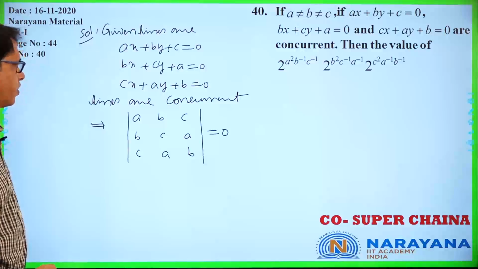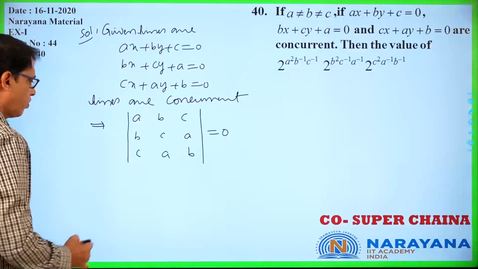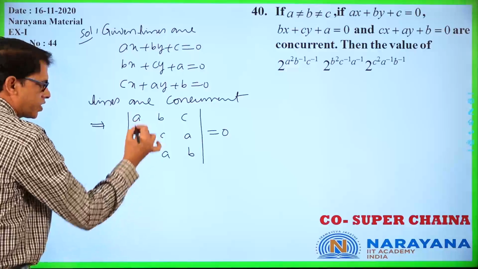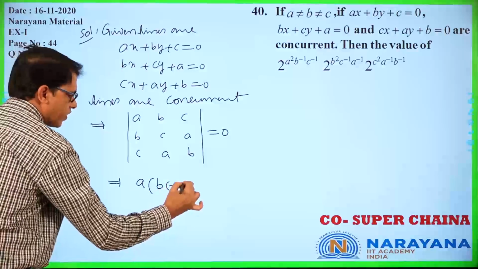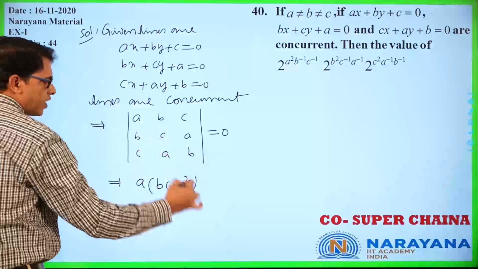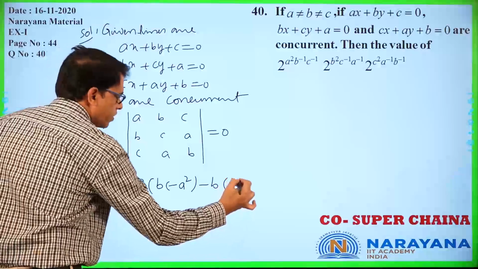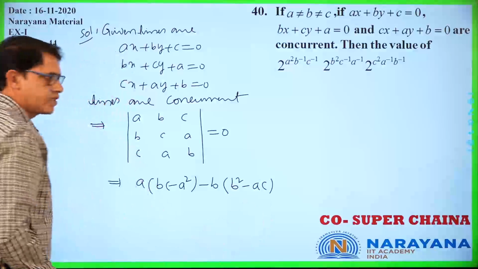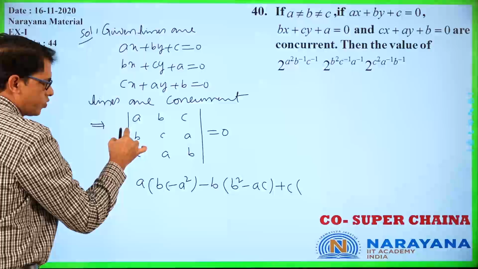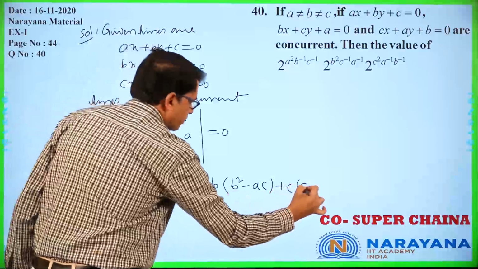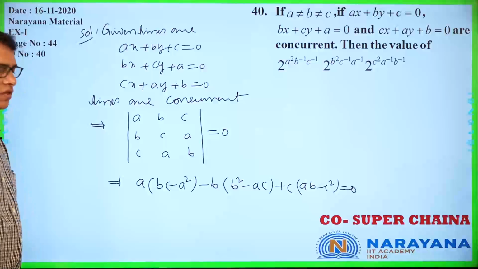If you expand, first a into (bc minus a square), then minus b into (b square minus ac), then plus c into (ab minus c square), equals 0.